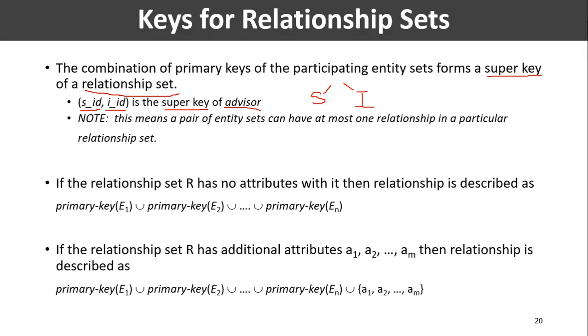So let us assume that this set of attributes A1, A2, AM is the set of attributes associated with that particular relationship.